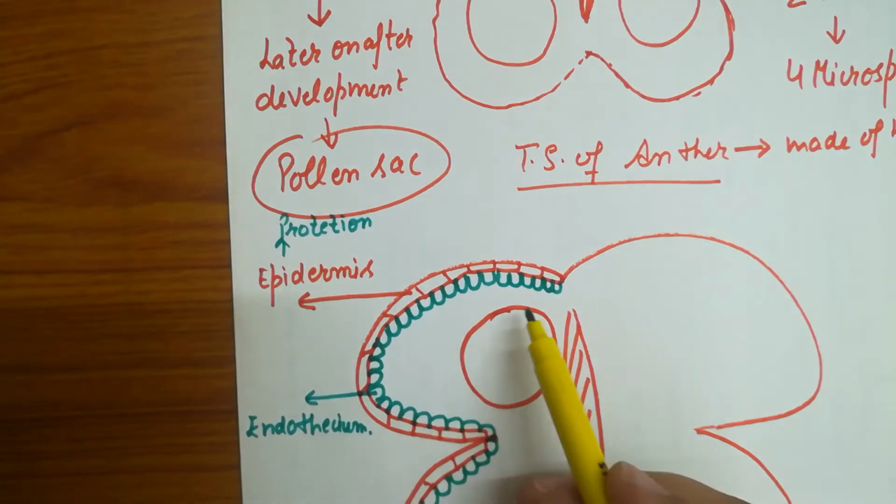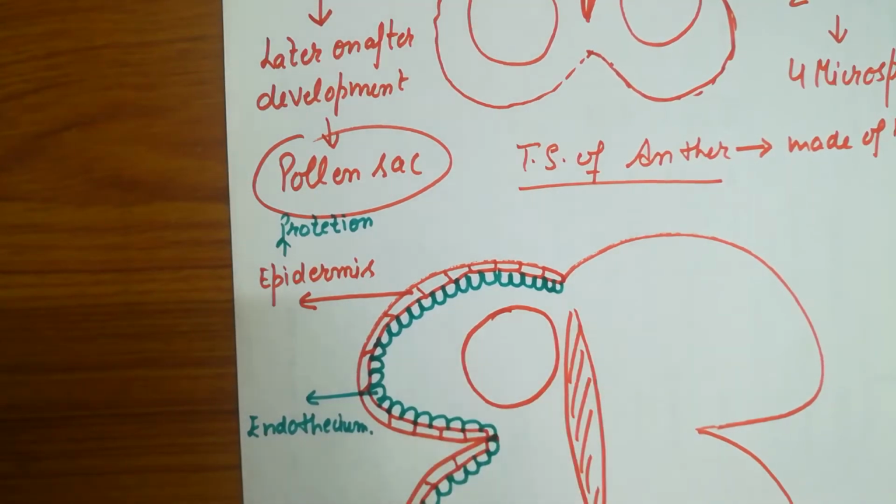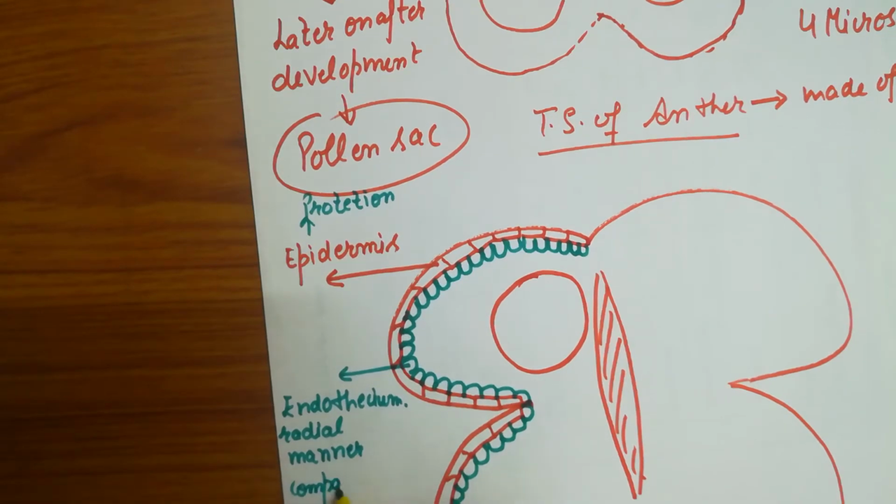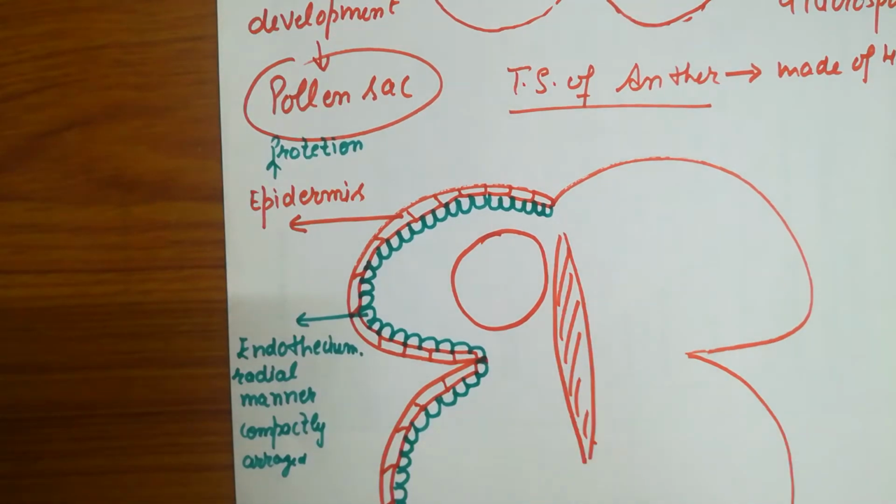They are arranged in a radial manner and very tightly. We will write these details later on. First you need to understand. Then they have callose thickening also.